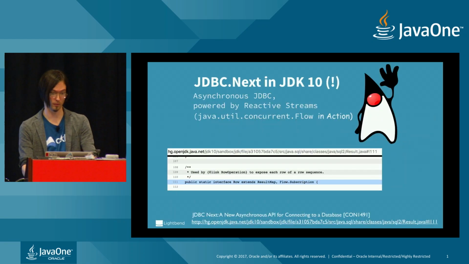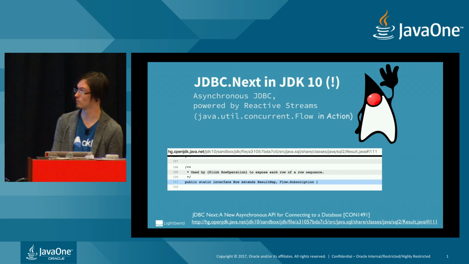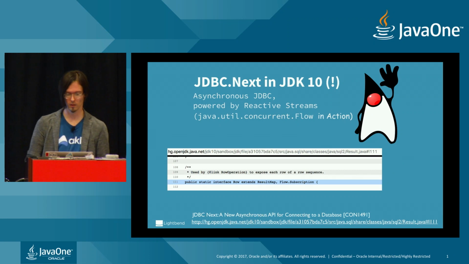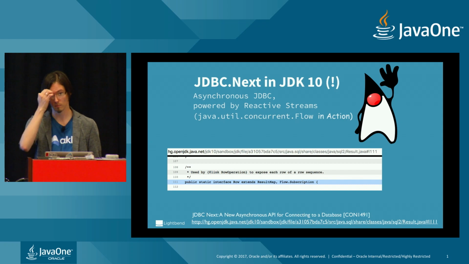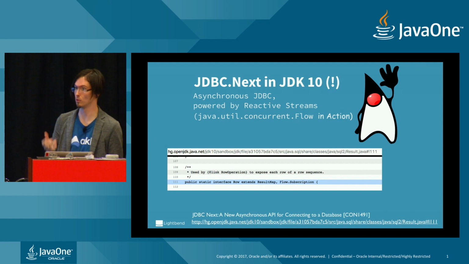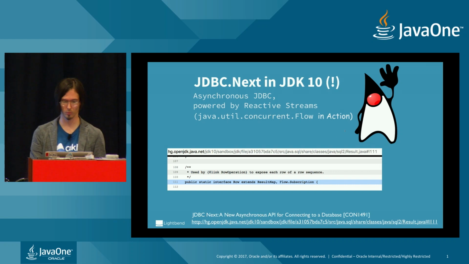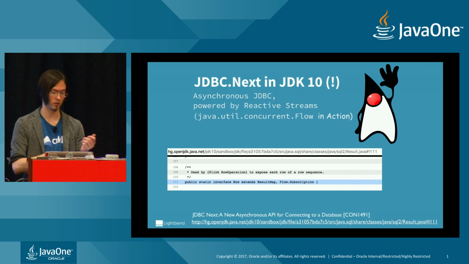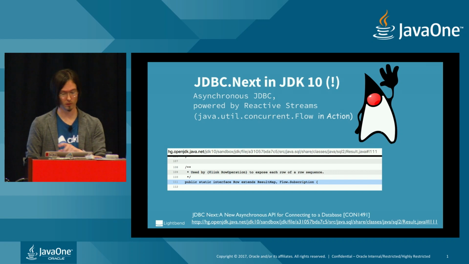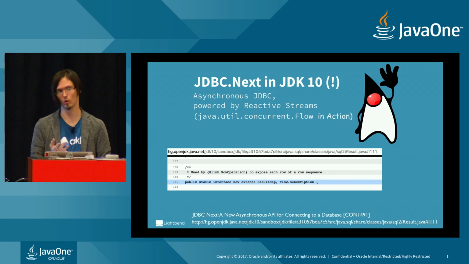We already have a very exciting project in JDK 10, which is the asynchronous JDBC, which is finally coming, it seems. And of course, they'll be using those exact types, so that's a flow subscription, to give you streaming data out and into the database.